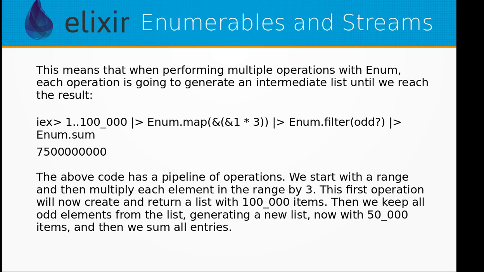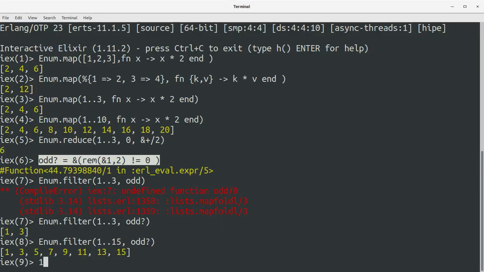This means that when performing multiple operations with Enum, each operation is going to generate an intermediate list until we reach the result. Okay, let's see an example.